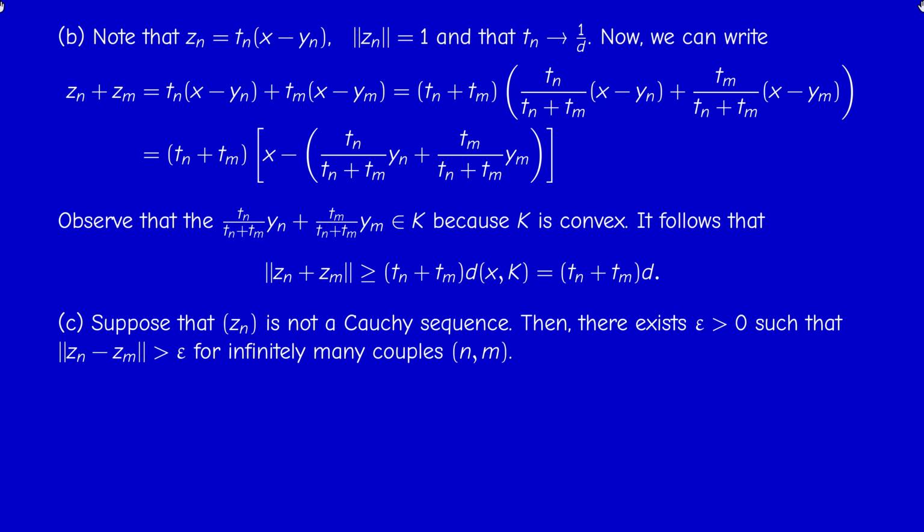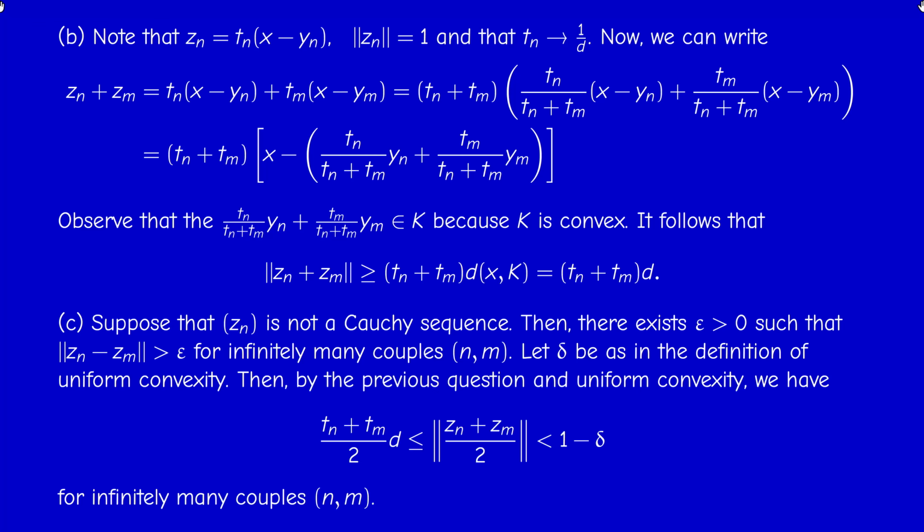Or equivalently, for every K there exists N and there exists M bigger than K satisfying this. This is just the negation of the Cauchy condition. Now, if you take delta to be the modulus of uniform convexity, going back to the definition, this means that the norm of the midpoint of Zn and Zm is less than 1 minus delta.